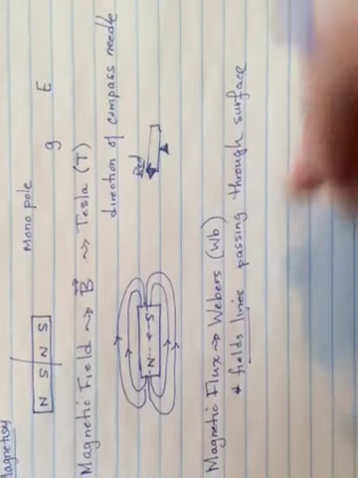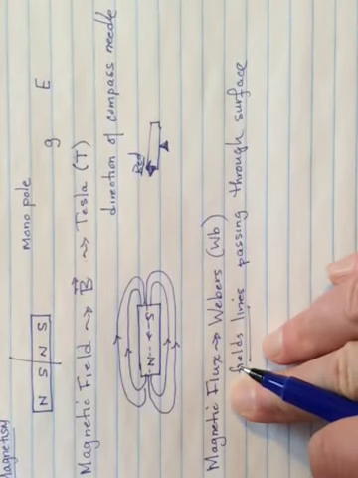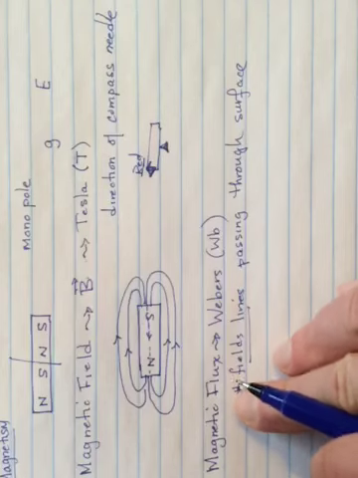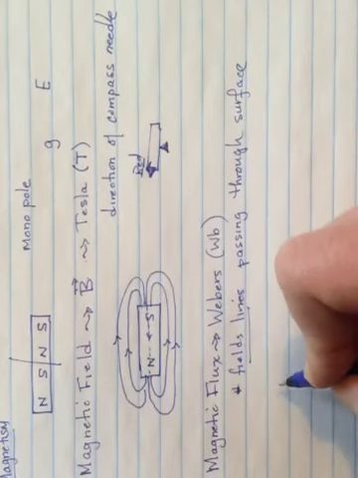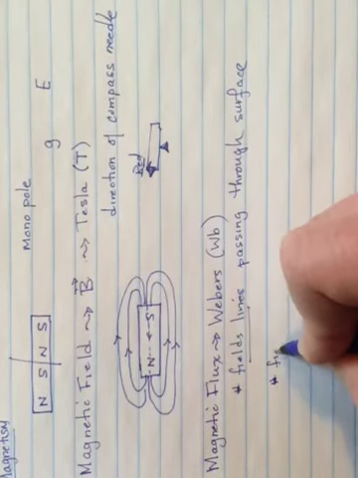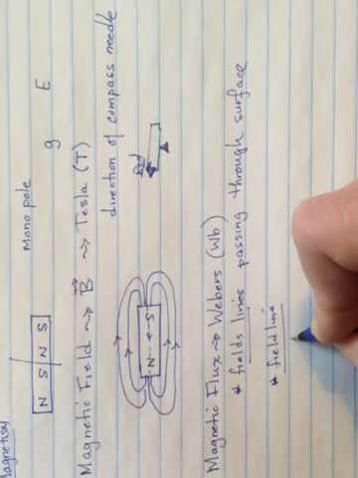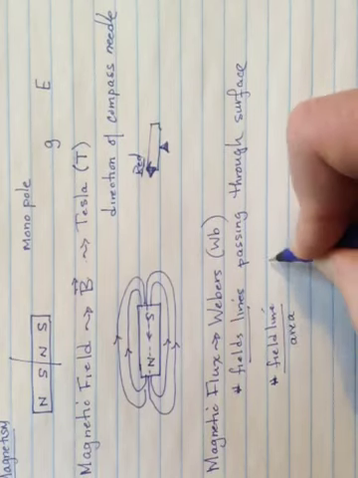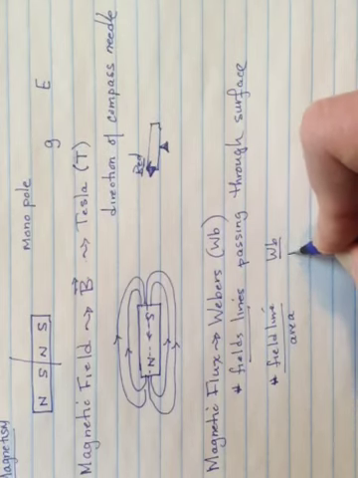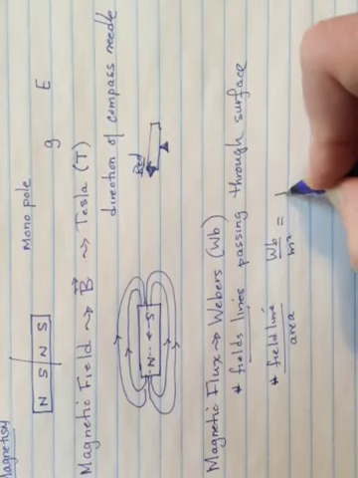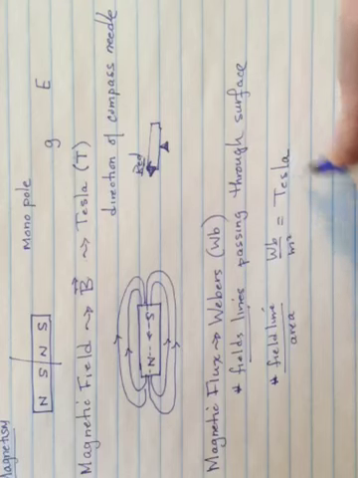Oftentimes people will say that magnetic flux is kind of like the current in electricity. If you think of the number of field lines, or the Webers, per area, which would be Webers per meter squared, that is actually equal to a Tesla.